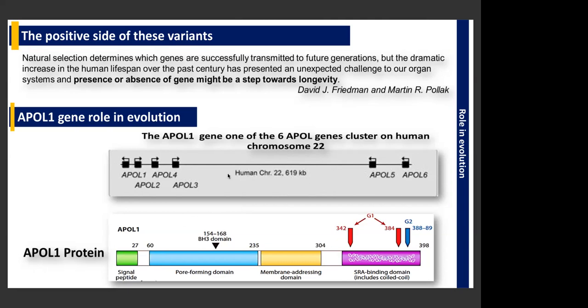The APOL1 gene is located on chromosome number 22, and it is the sixth gene of the APOL family. Its protein contains a signal peptide, a pore-forming domain, a membrane-addressing domain, and the serum resistance-associated antigen binding domain, where the mutation appears.